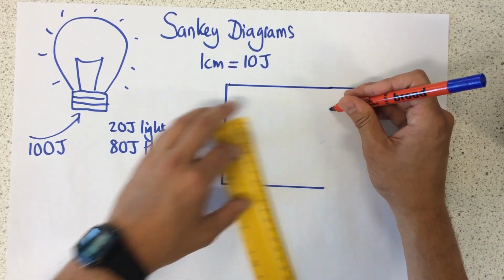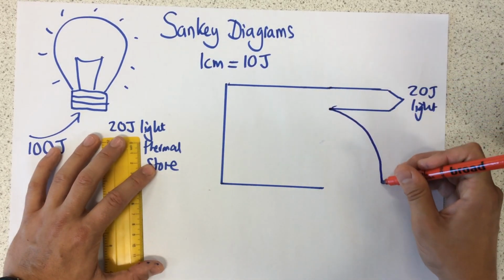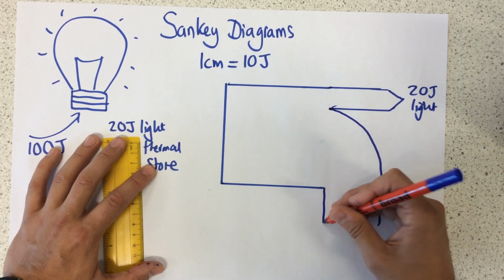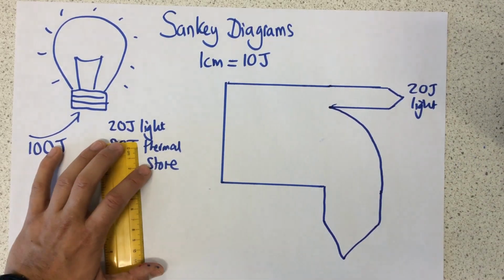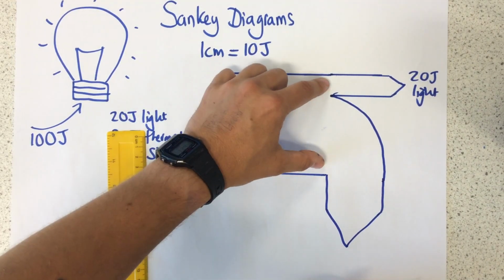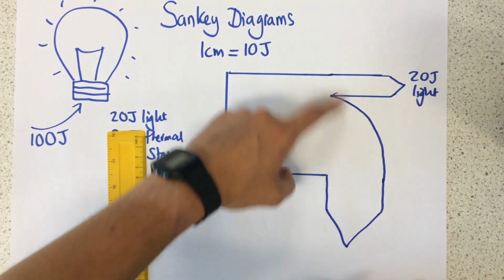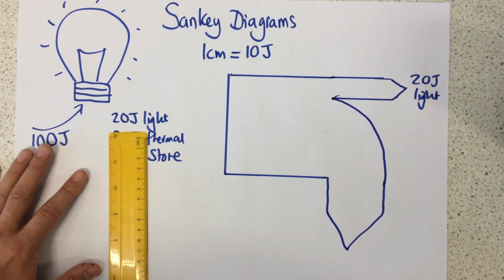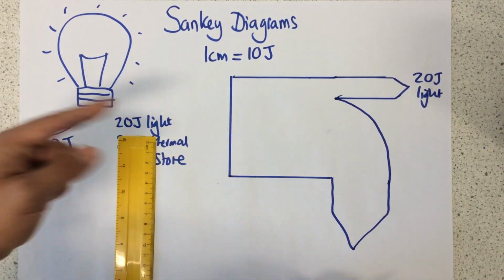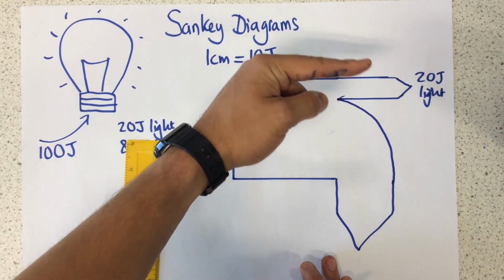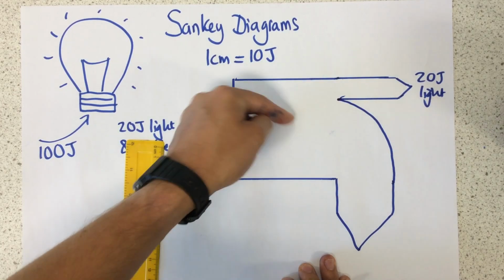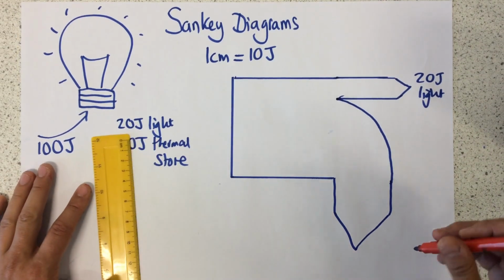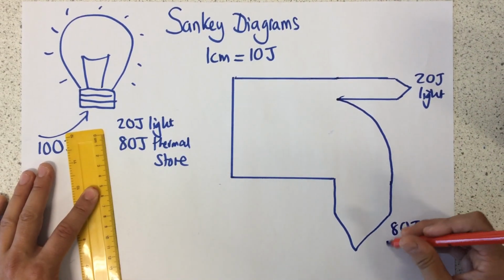So from this point, we should do the arrow that's going to come down like this and split like that. So we can see they've branched off at the same point, but apart from that, it doesn't really matter. The useful one usually or nearly always goes that way, and the wasted one droops down like this. So the wasted one is 80 joules thermal store.